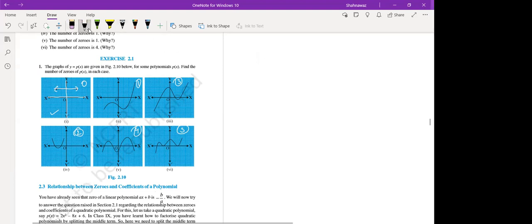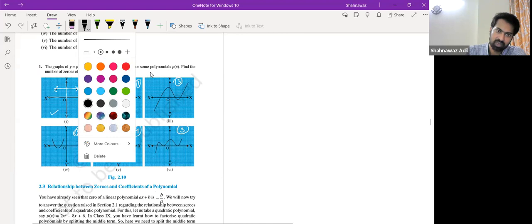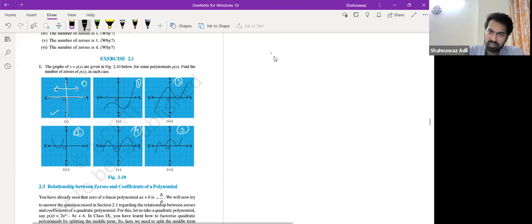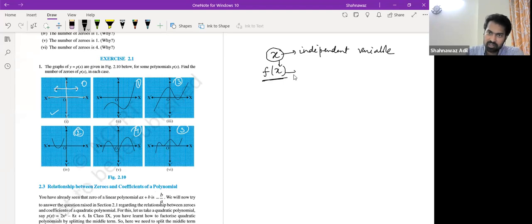Let us understand about this function. You have this x and then you have this f(x), right? This is the independent variable, and this f(x) is the function of x, which is dependent upon this x, so this is the dependent variable.